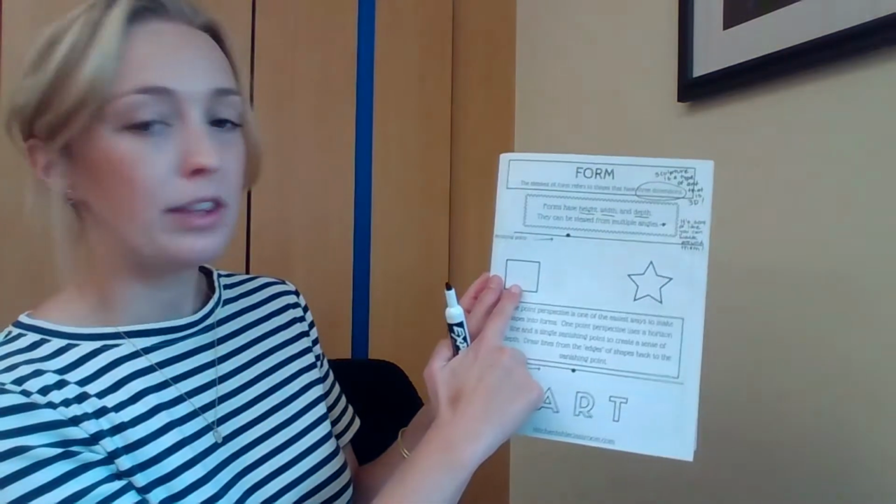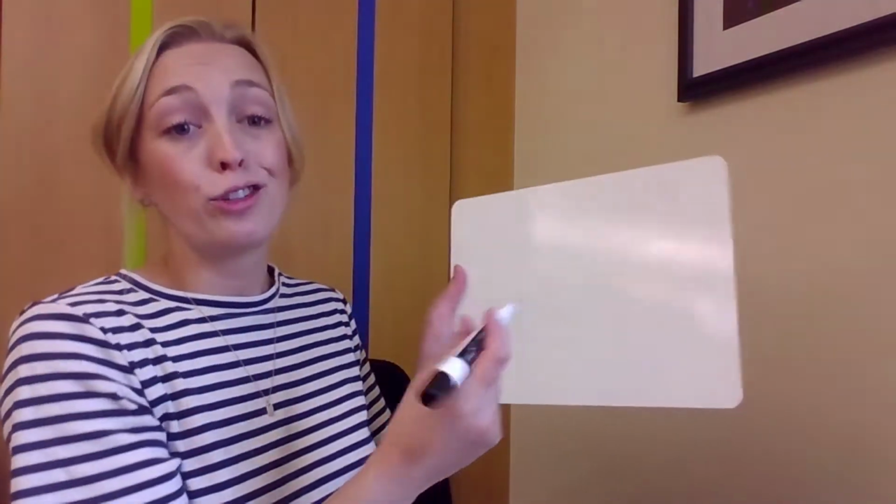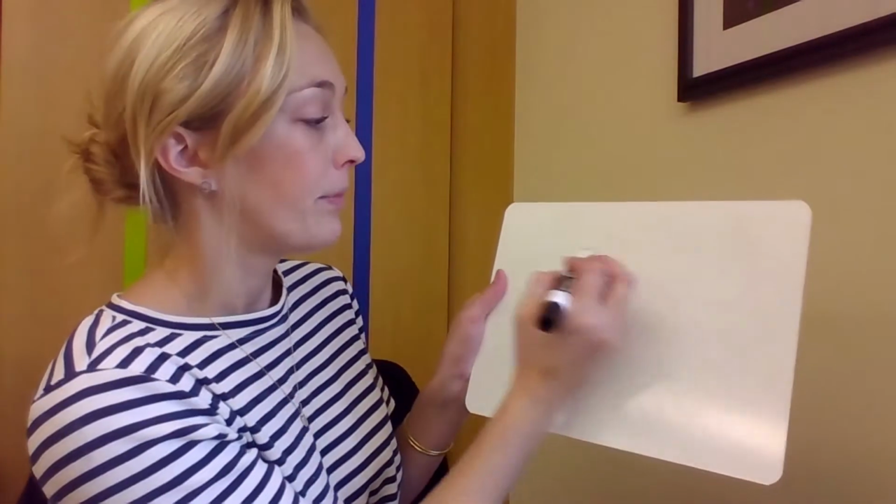So you're going to turn these shapes into forms. Now, there's a vanishing point here. A vanishing point is basically just a point that we can use in our head. It vanishes, meaning it's not actually there. It's a point we imagine. And that point helps us to create a form. So I'm going to show you a really easy way to do that.